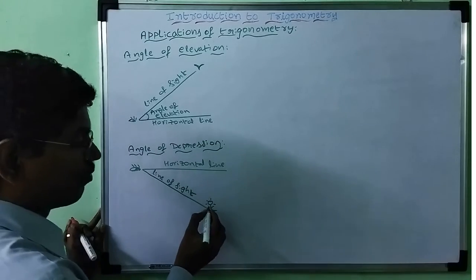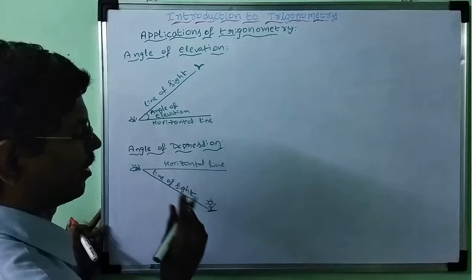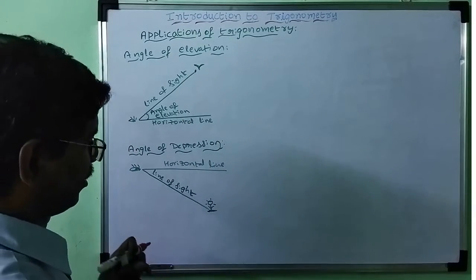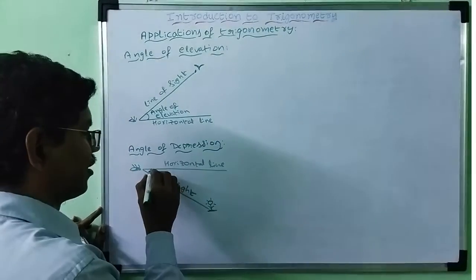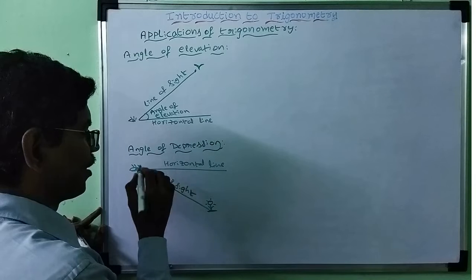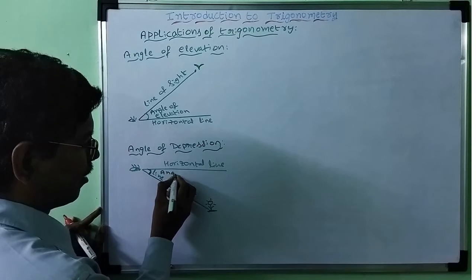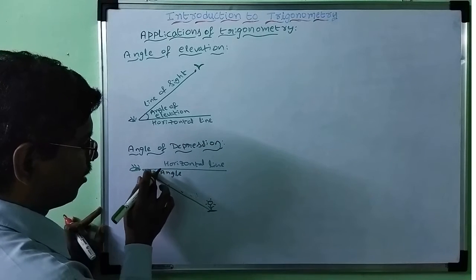Now from the object we have to drop a perpendicular to the horizontal line, then it will form a triangle. This is the object now. Here the angle between the line of sight and the horizontal line, we are calling the angle of depression.